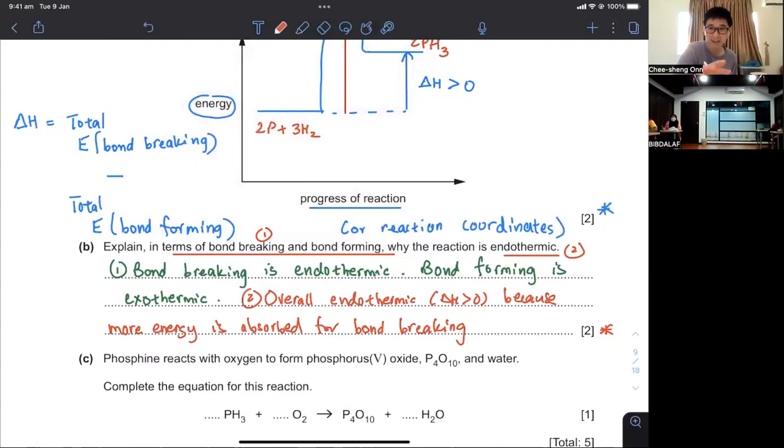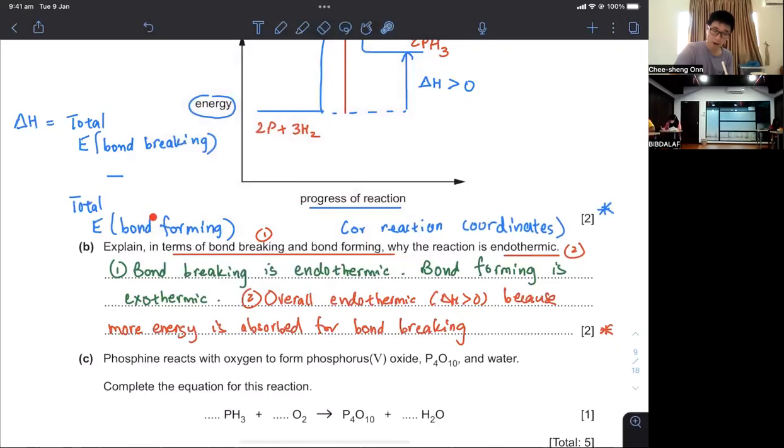You can use your own words. There are two ways of answering this. To make this positive, you can say that the total energy for bond breaking is greater, bigger, more than the total energy for bond forming. Or you can say the total energy for bond forming is lesser, smaller, than the total energy for bond breaking. It's the same thing.